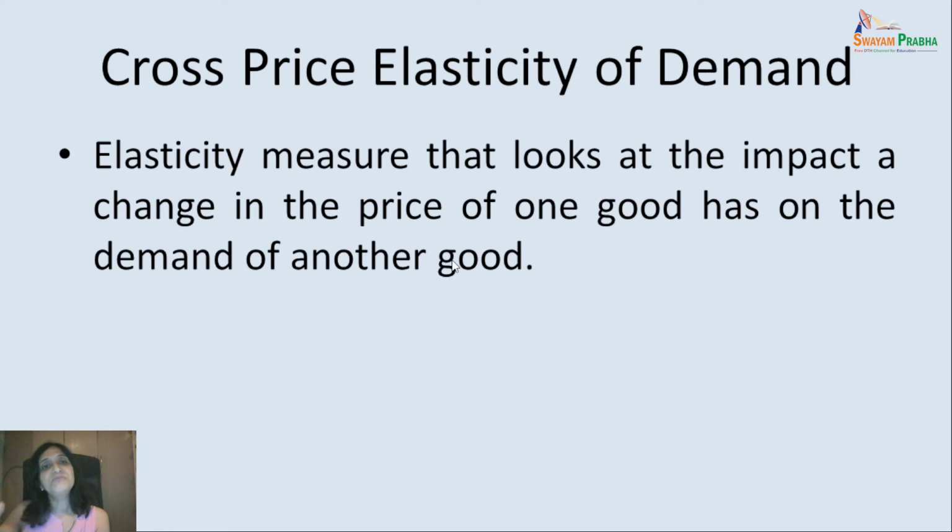If the price of Y changes, how much does the quantity of X change? When the price of Y changes, we know that the quantity of Y is going to change. But if it also brings a change in the demand of another good, that is measured by elasticity, which we call cross elasticity of demand.